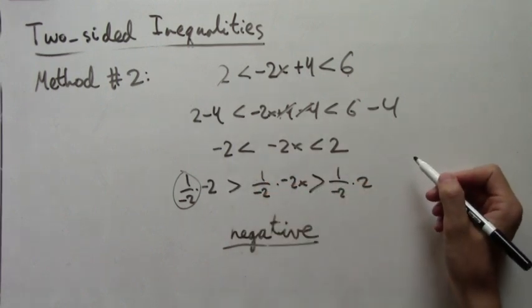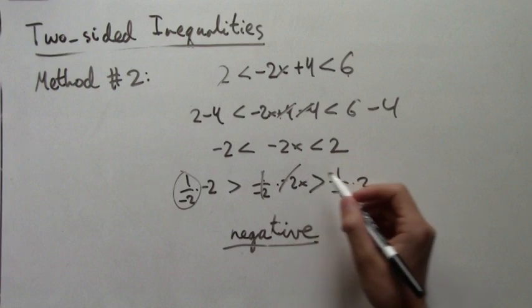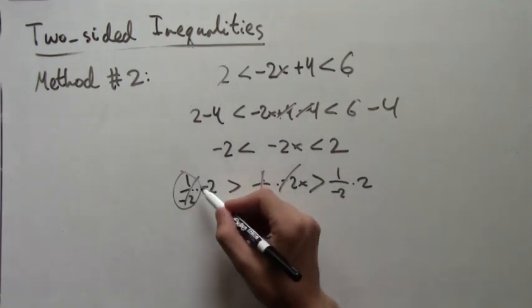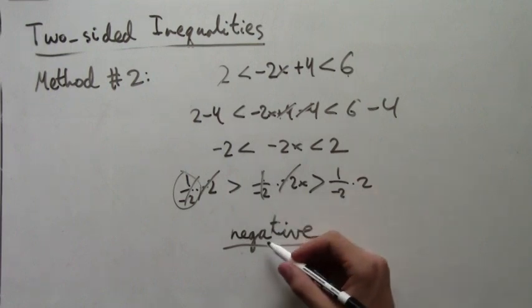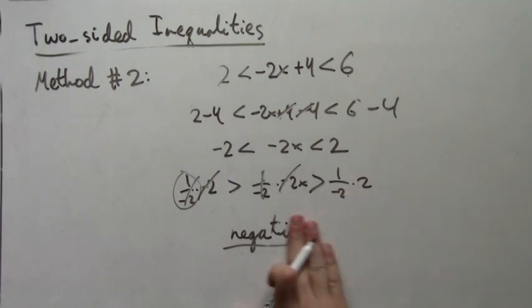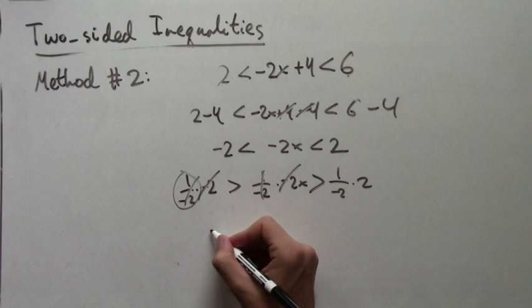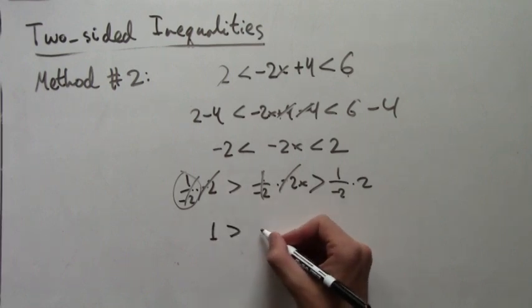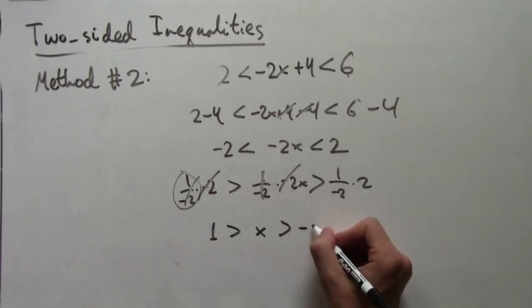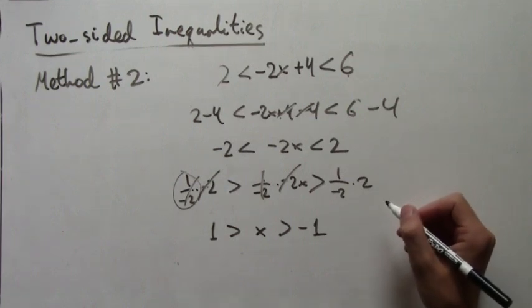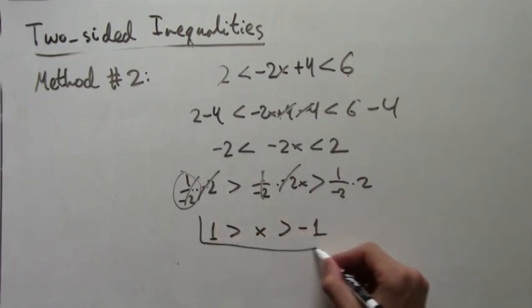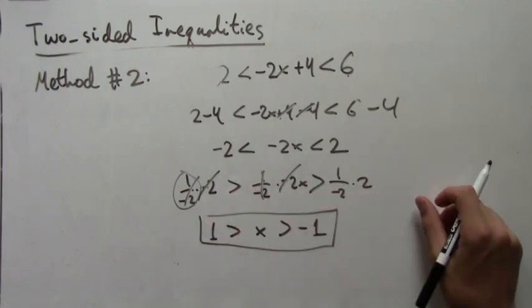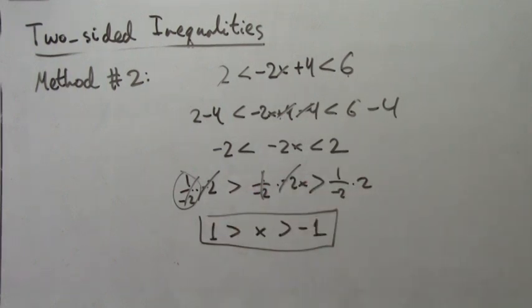So this flips our inequality, and after we simplify, we will get that 1 is greater than x is greater than negative 1. Notice, we kept the two-sided inequality two-sided the whole time. We never split it into two separate inequalities.